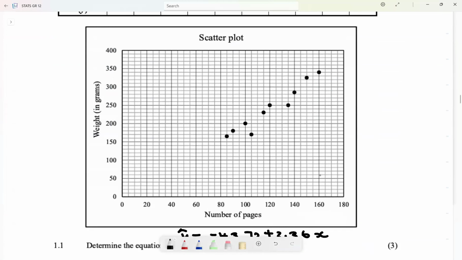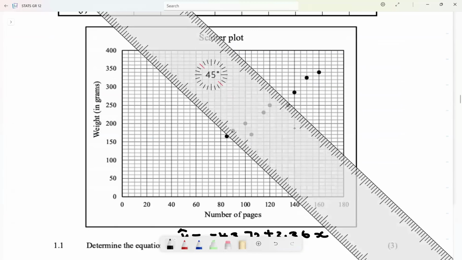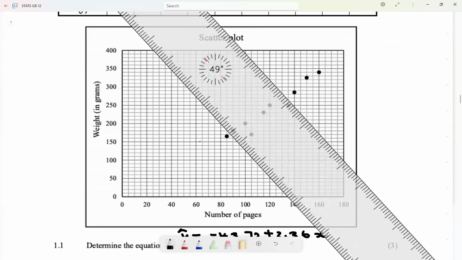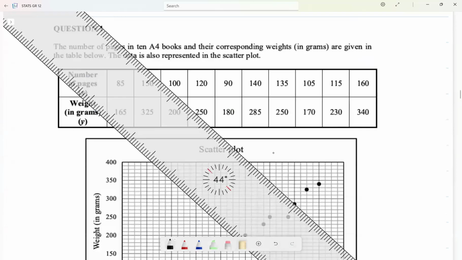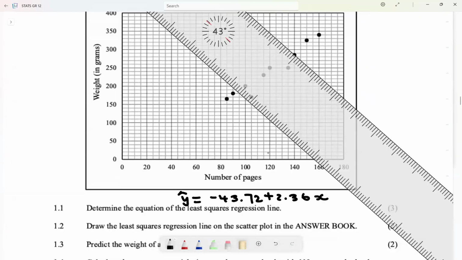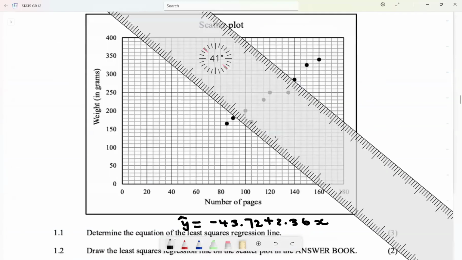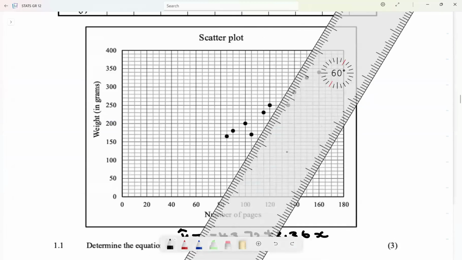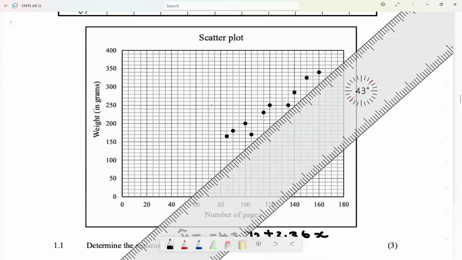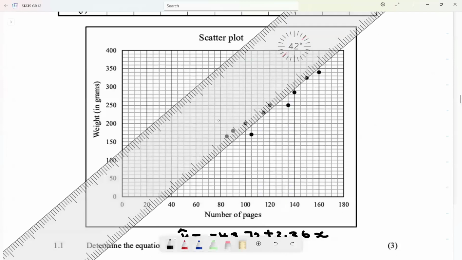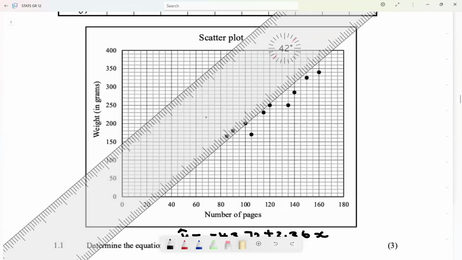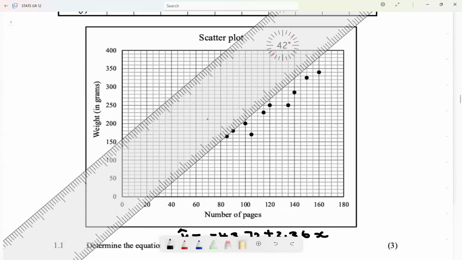I can choose any 2 points on my graph to join. Can you see that my graph is between these? Never mind, let me just try to draw that. I'll choose these 2 points because they are exactly on the line.